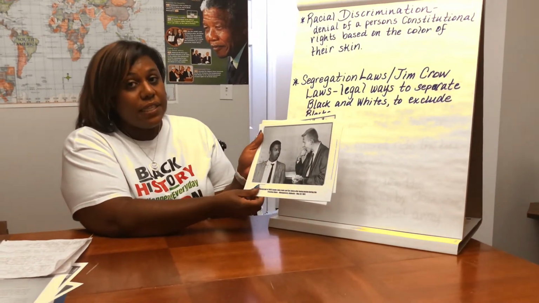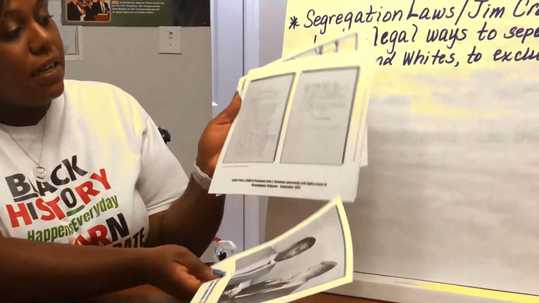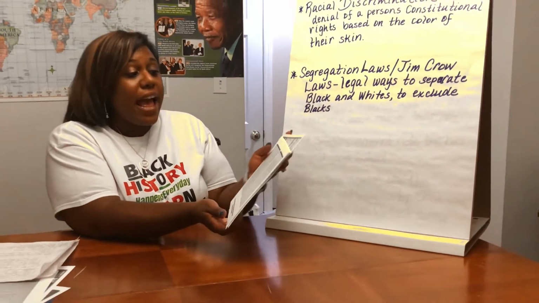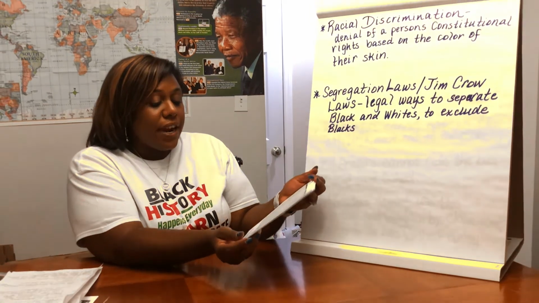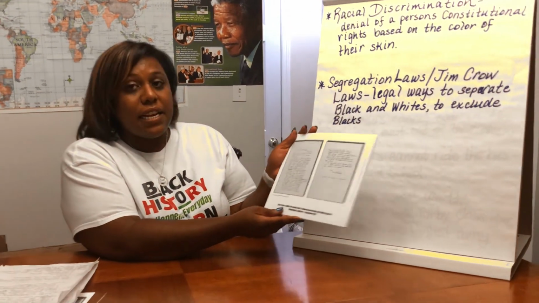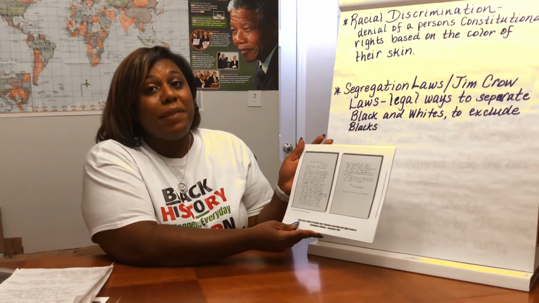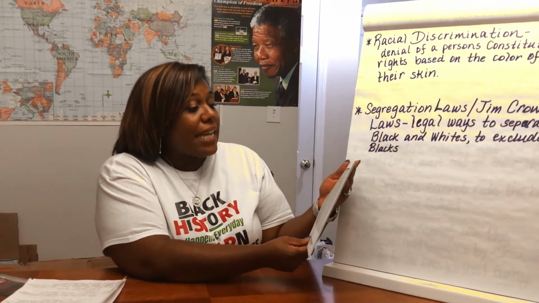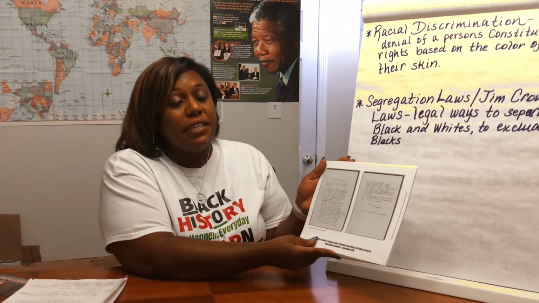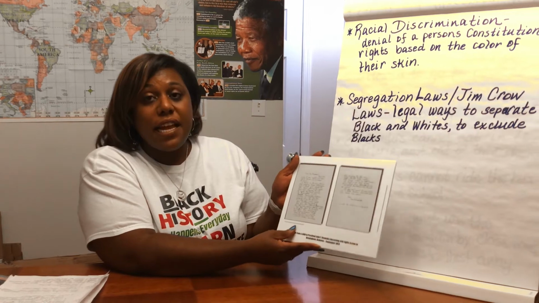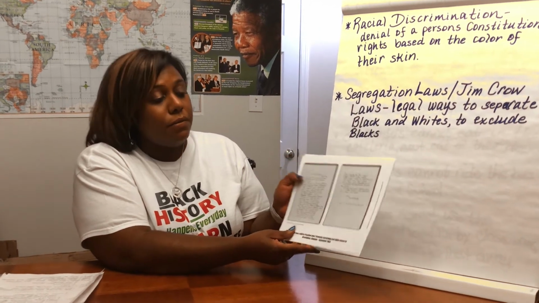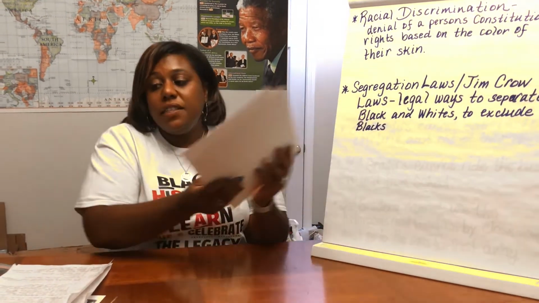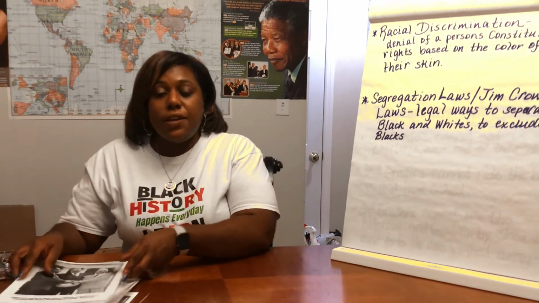We have John Lewis here, right? And we have a letter to President John F. Kennedy in 1963 from a child who is asking him to please send in help so that they can integrate the schools. It takes a lot of work to get those things done.